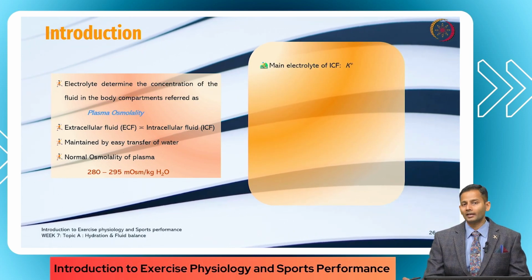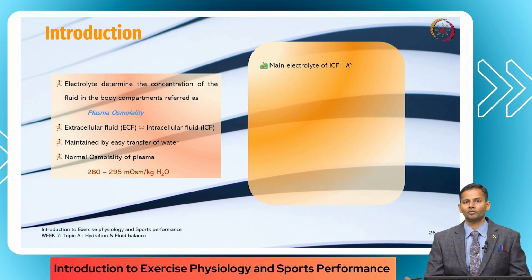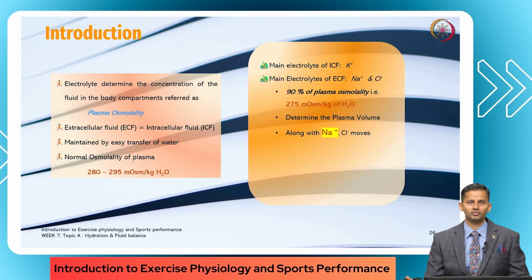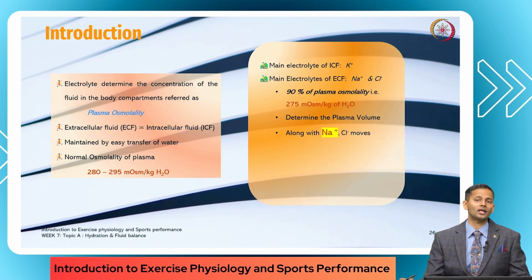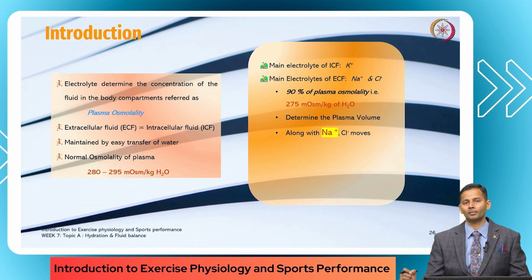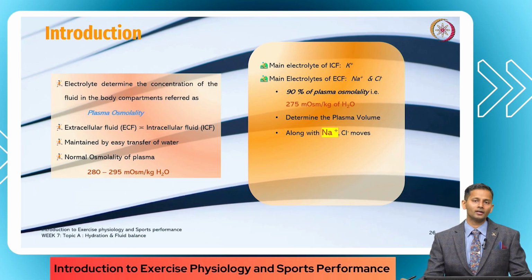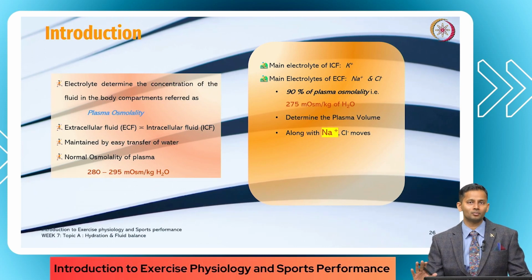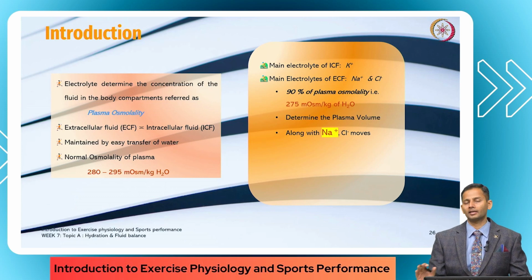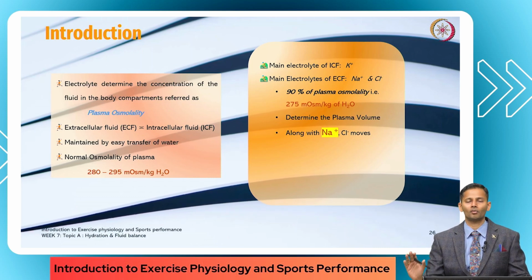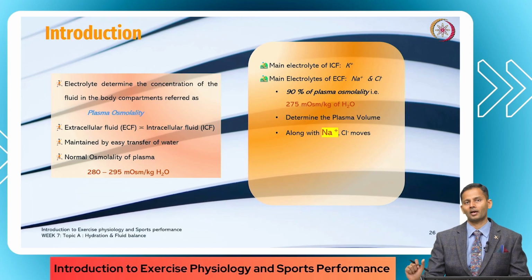The main electrolyte in the intracellular fluid is potassium. The main electrolytes of the extracellular fluid are sodium and chloride. In fact, 90% of the plasma osmolarity is maintained by sodium and chloride, which make up about 275 of the total normal osmolarity of plasma.